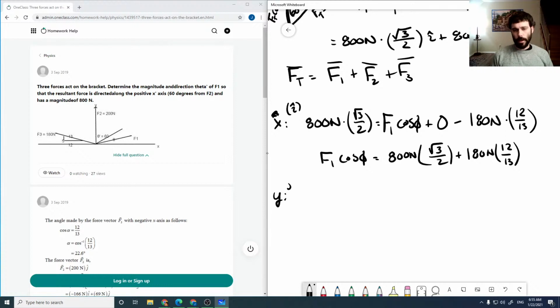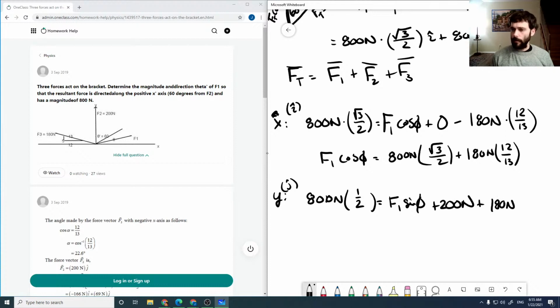Now in the y direction, or the j hat direction, we have 800 newtons times 5 over 13, times a half, is equal to F1 sine phi plus 200 newtons. And so that's the F2 component, and then the F3 component is 180 times 5 over 13. So then we can rearrange this for our F1.